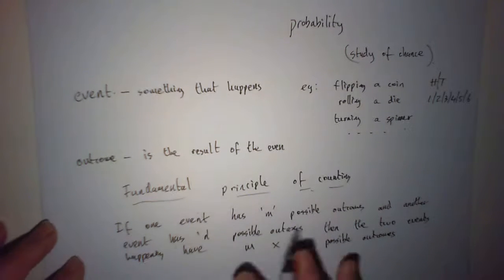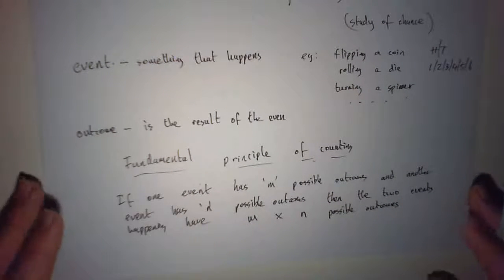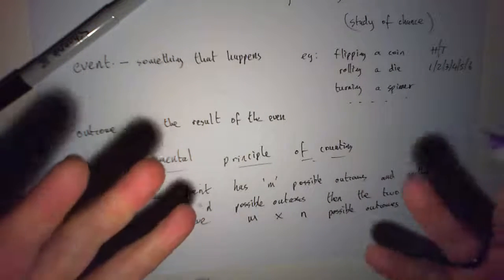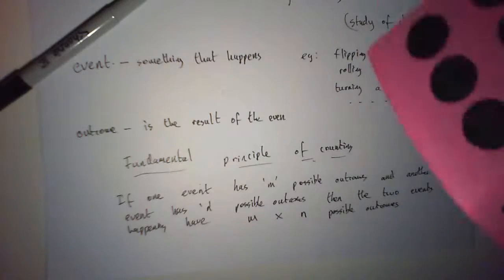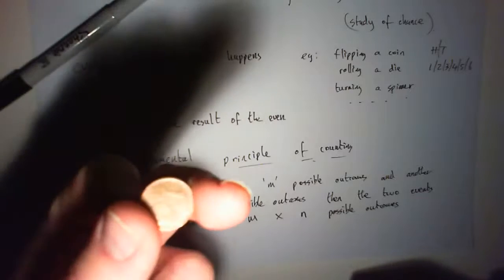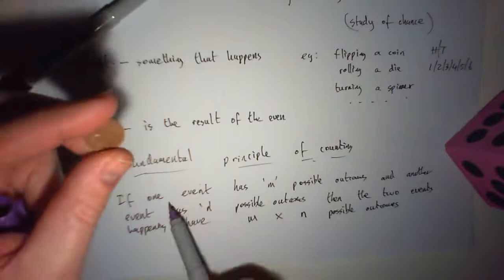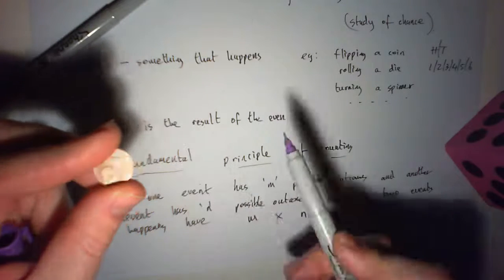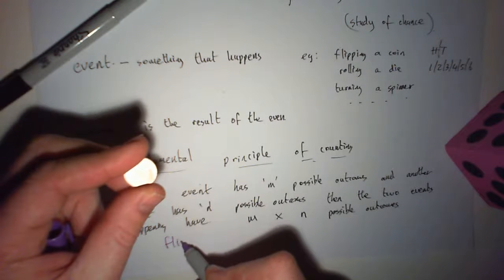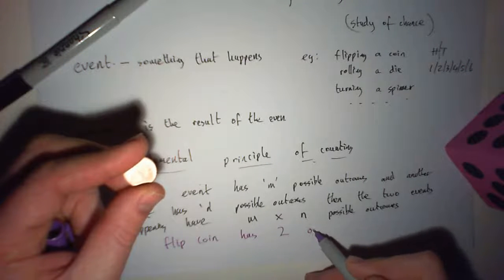Now, you don't have to learn this off, but I'm going to show you how simple this is. I'm going to change color here. So what does this mean in terms of, well, let's take 2 examples. Let's take our die, and let's take our coin. Okay? So if one event, the event of flipping a coin, has m possible outcomes, so flip a coin has two outcomes.